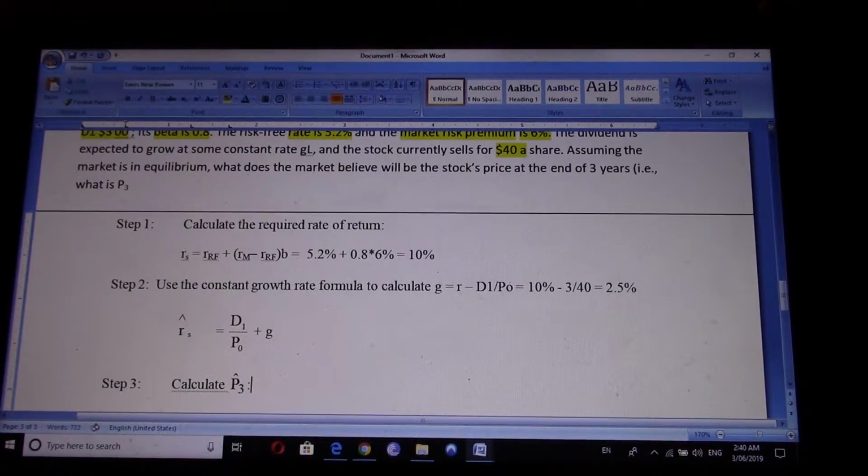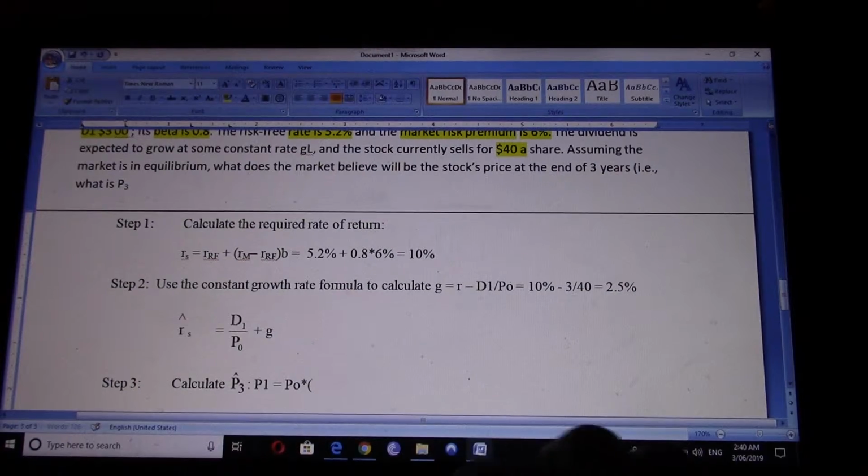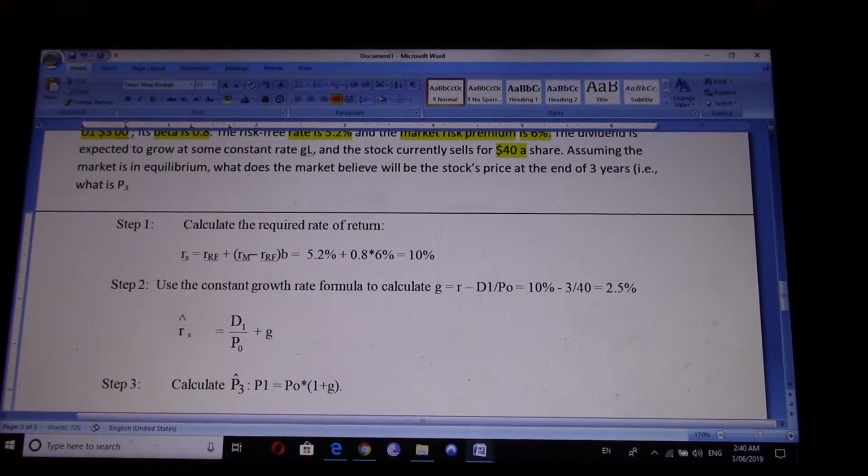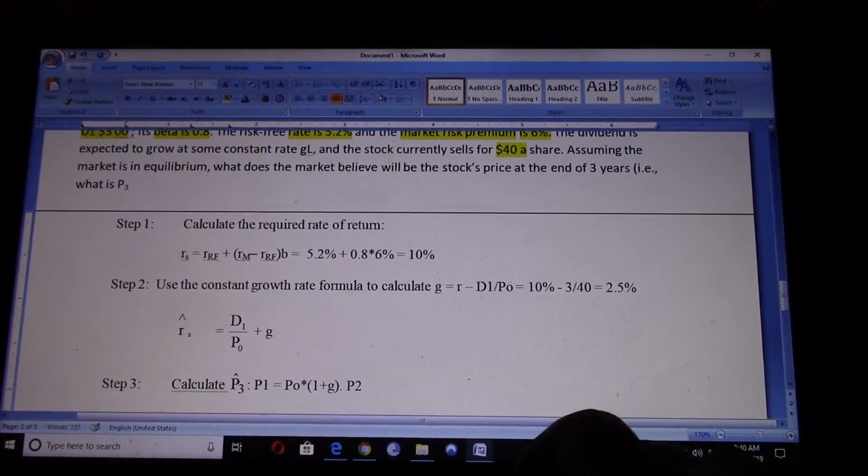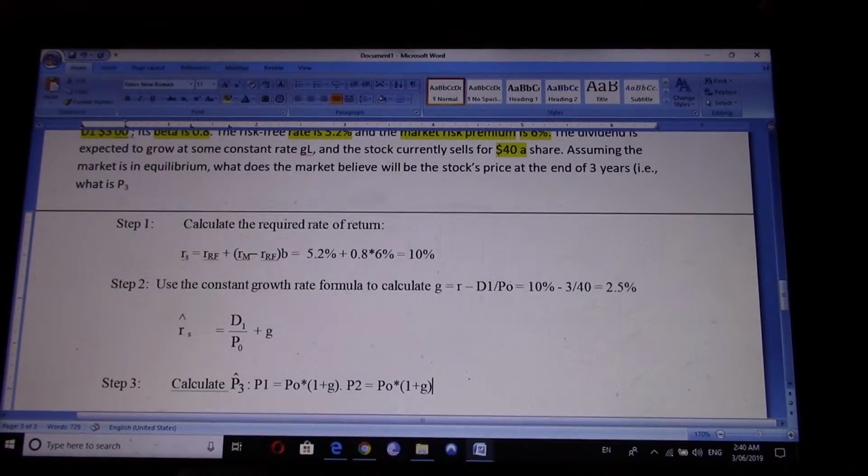So once we know this is the equation, the overall general equation here, we can calculate the G from this equation, 2.5%. Now it's asking for how much is P3. Since we know P1 equals to P0 increases at the rate of G, and P2 is another increase from P1.